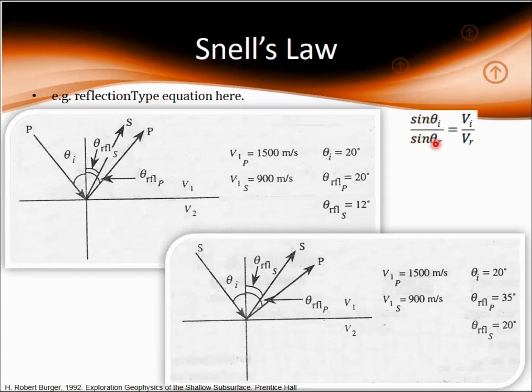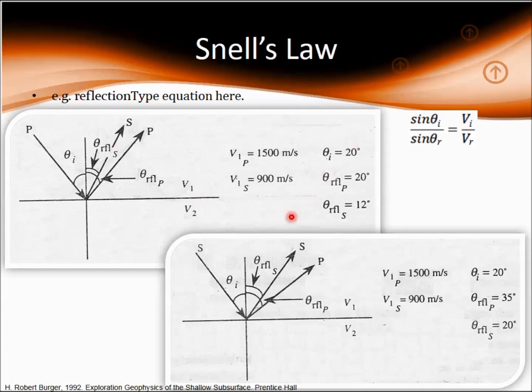Here we move to a simple calculation involving Snell's law, which is sine incidence angle over sine reflection angle equal to V1 over V1, since the reflection only propagates in the layer of V1, so we only take the V1 layer into consideration. Given V1 for the P wave is 1500 meters per second, and V1 for the S wave is 900 meters per second, at an incident angle of 20 degrees.